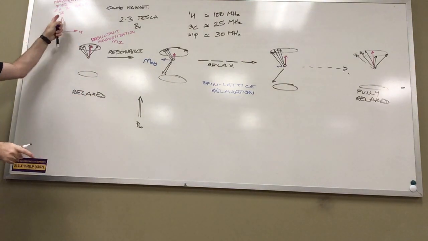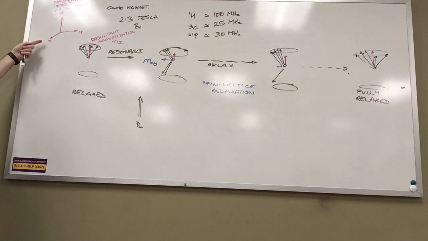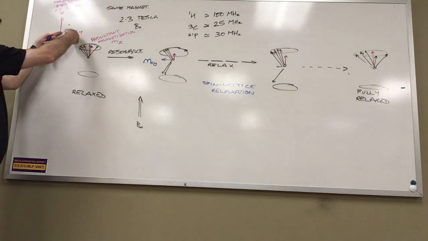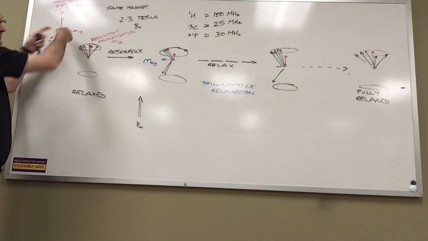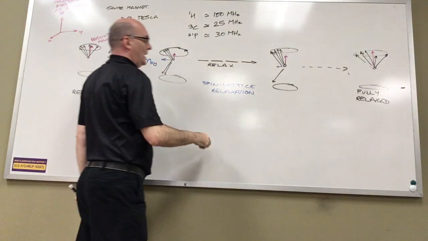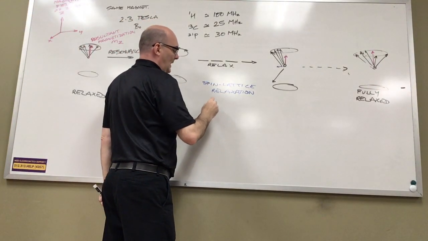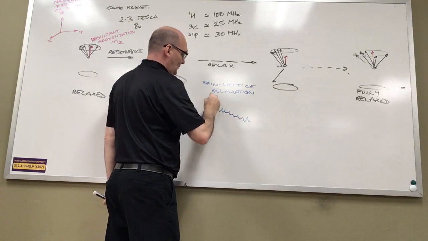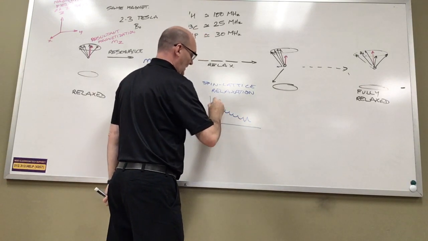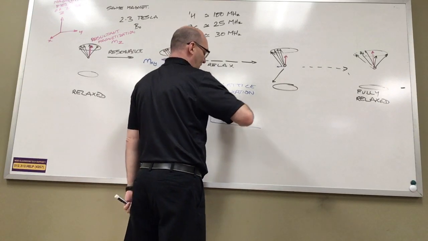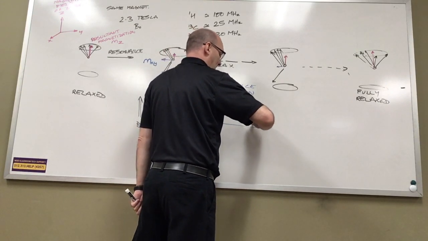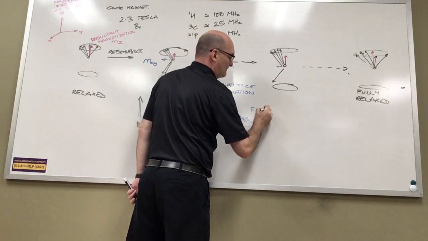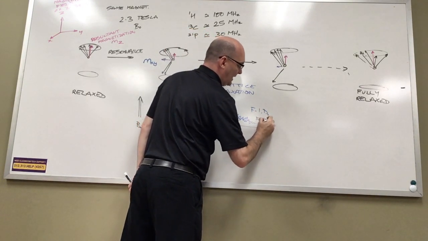So if the magnet's on z and I pulse in at x, I put the detector on the y. And I'm going to measure that. And it comes out, it's just a big squiggle. It's just a bunch of noise, but it kind of decays. And that's called a free induction decay curve.